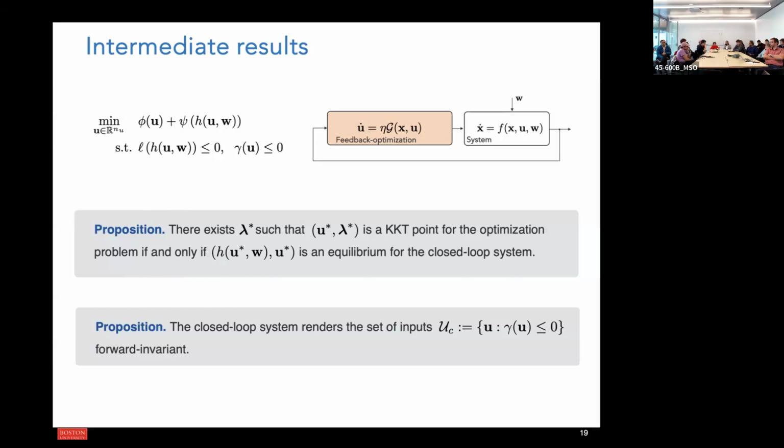The first one is zero duality gap, essentially. This is just to provide a result that if this closed system converges to a point, the point is not something random, but it's precisely a KKT point of this problem, which is what I wanted to have. And when this is convex, it's basically one global minimizer.